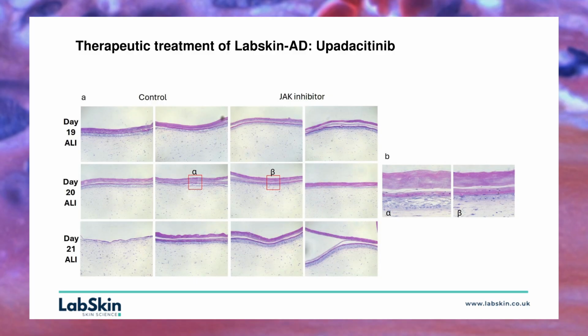And using their very fancy mass spectrometry systems, we were able to show over 6,000 proteins that are expressed in the standard Labskin model. So we were interested to compare the Labskin-AD model to the Labskin standard model and see which pathways were activated, which proteins were changed, which cytokines were activated. So I'll now hand over to Colleen to take you through the work that's been performed at Leicester.